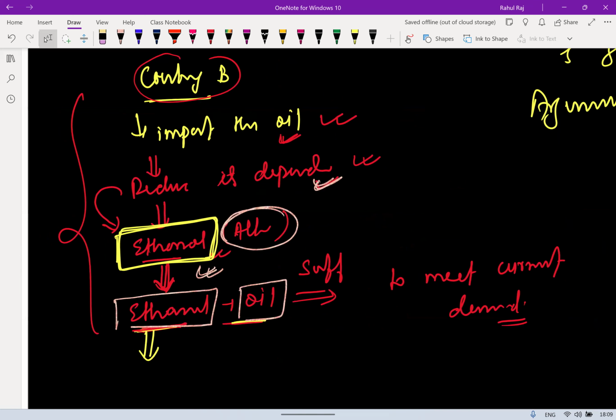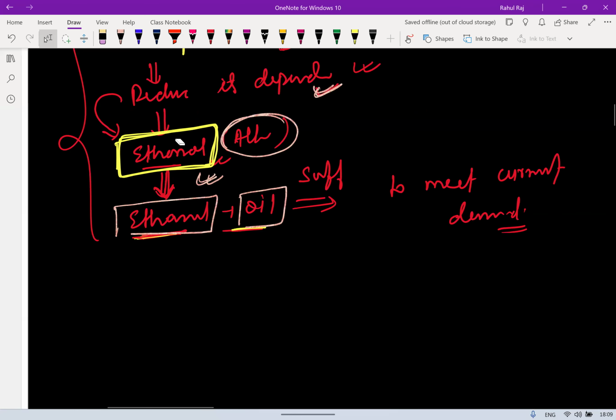The conclusion says ethanol plus oil is sufficient to meet the current demand. And option B, after negation, is linking that domestic production of ethanol is not increasing more quickly than oil production. How does it matter to me whether domestic production of ethanol is more or domestic production of oil is more? It is none of my business. Whatever is more, I'm trying to conclude that ethanol plus oil is sufficient to meet the current demand.